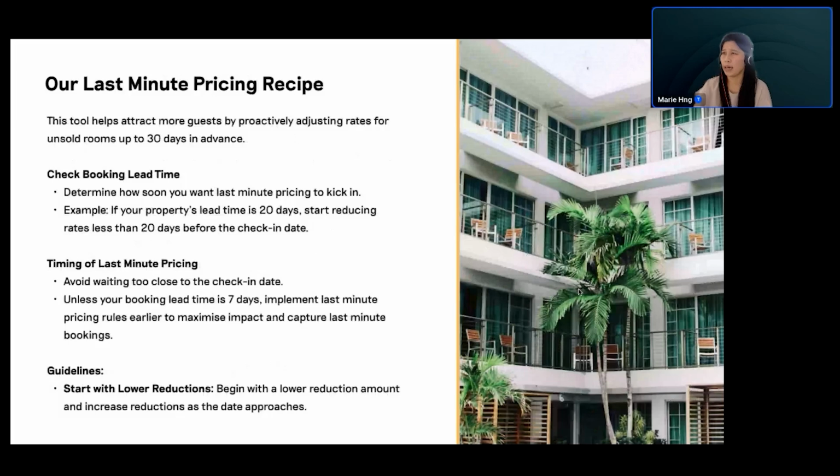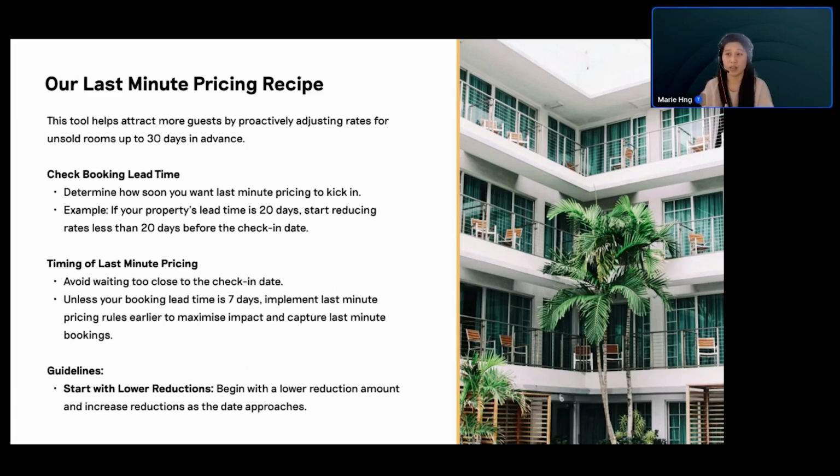Okay. Now, last minute pricing, some things to think about when you're setting this up and how to make it work best for you. Firstly, is obviously checking your lead time, right? What is the average lead time for your bookings? Okay. So if your average lead time is, say, 20 days, you want to start reducing your rates anything less than 20 days. So usually if it's 20 days, I'd say 10 days before check-in, you'd start reducing your rates, right?